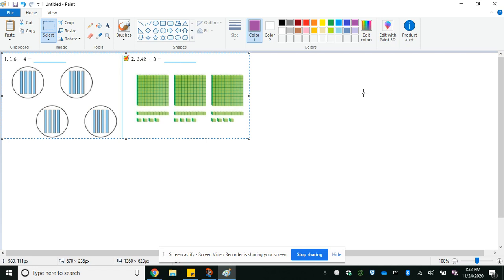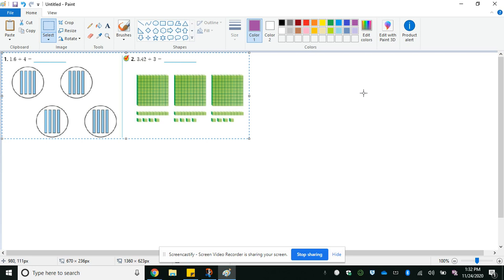So when we look at 1 and 6/10, it's really like we have 16 tenths.